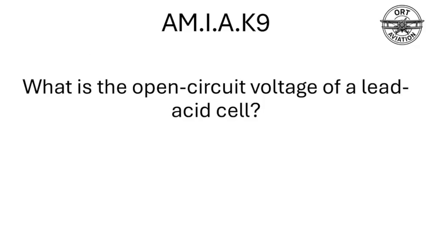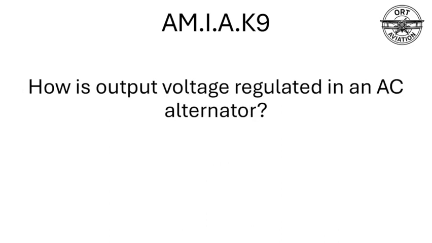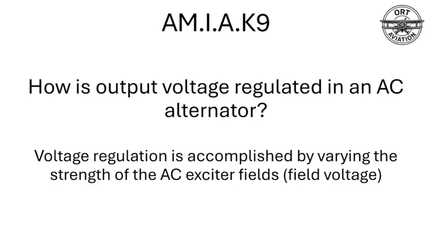What is the open circuit voltage of a lead-acid cell? 2.1 volts. How is output voltage regulated in an AC alternator? Voltage regulation is accomplished by varying the strength of the AC exciter fields.